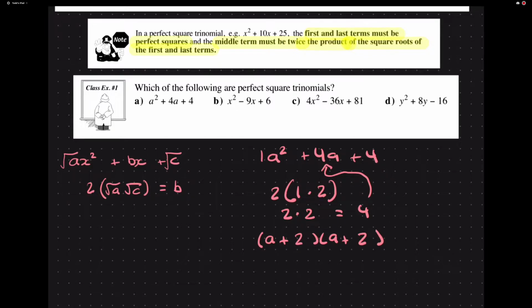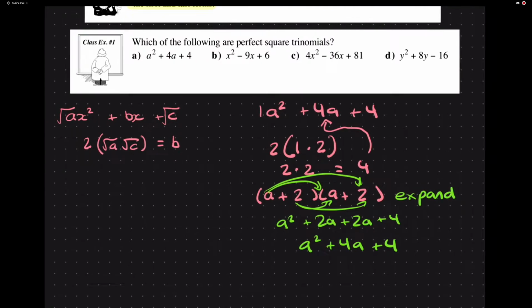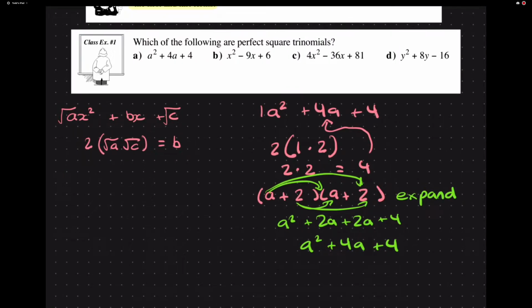And again, to prove that this is correct, you could just expand this out. a times a is a squared, a times 2 is plus 2a, 2 times a is plus 2a, and 2 times 2 is positive 4. And after collecting like terms, we have exactly what we started out with. So we know that it is a perfect square.